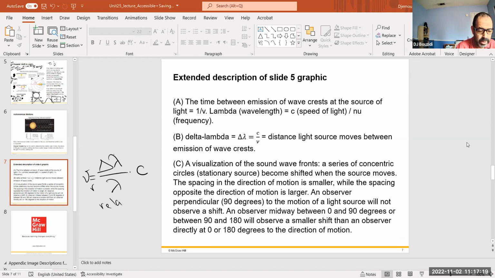It's important to understand that this is the relative velocity. Keep delta lambda in the same units as lambda. If lambda is in nanometers, keep delta lambda in nanometers so that nanometer cancels nanometer. Don't mix and match the units here, otherwise this number is going to be a problem. And the speed of light is always 300,000 kilometers per second.